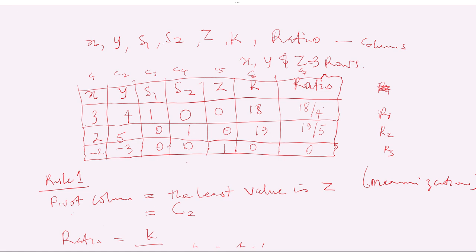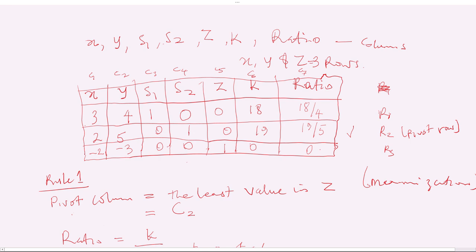But we have to consider the values between the x and y rows, which are row 1 and row 2. So between these two, which one is least? Because these are the major ones that we have to consider. So here, this is least. The ratio here is lesser. So because the ratio here is lesser, we have to go for this as the pivot row.